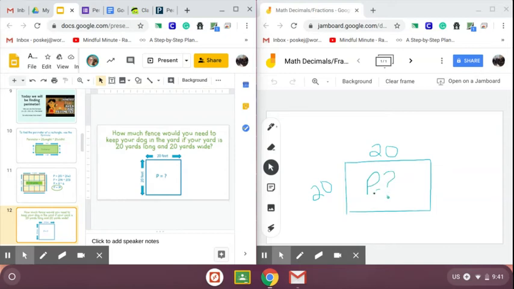When you're doing your assignment today, you need to be using scrap paper. This isn't something that you can do in your head. You need to use some scrap paper and you need to add or multiply, whichever you choose. So the perimeter, remember, is 2 times the length plus 2 times the width. This is the length and this is the width.